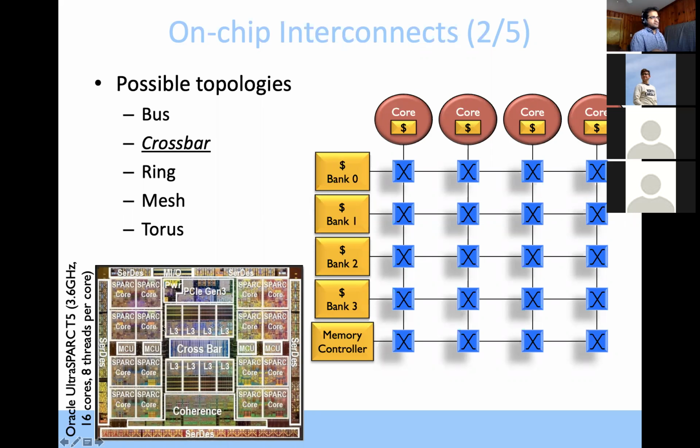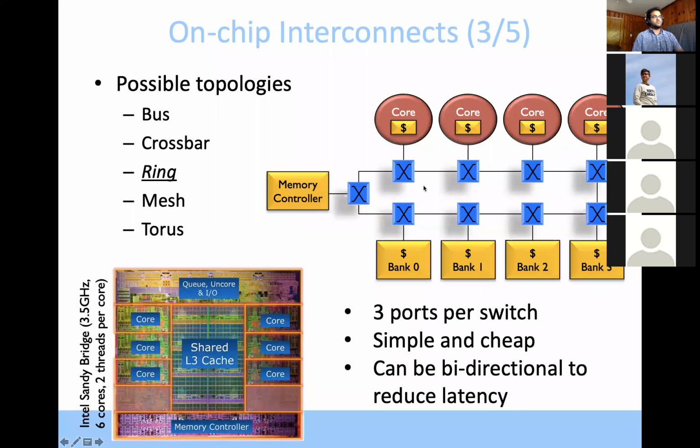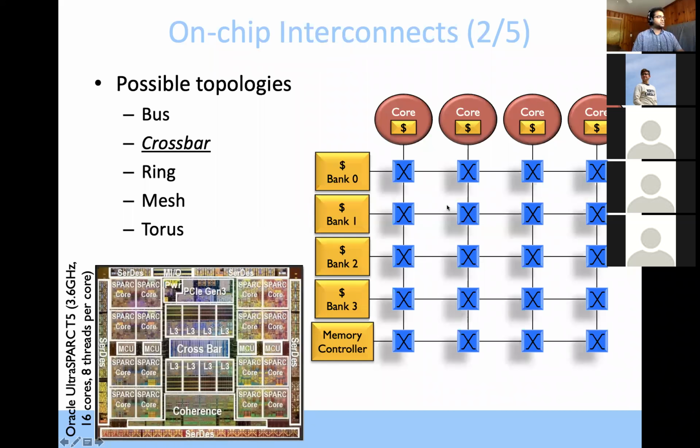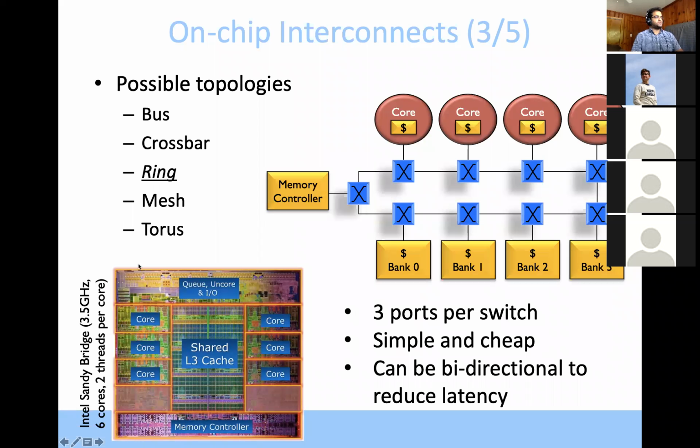Now, improving on the crossbar, there's one issue with the crossbar, which is that it takes a lot of space to implement all of these switches, and there are 4 ports in each switch. So a different way to implement this is with a ring, a closed loop, where each core is connected to the ring by a switch. The switch has 3 ports, and you can go in either direction in the ring.